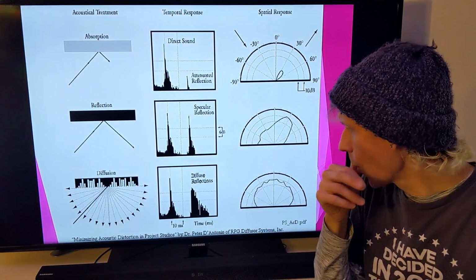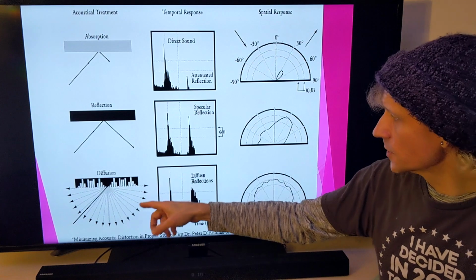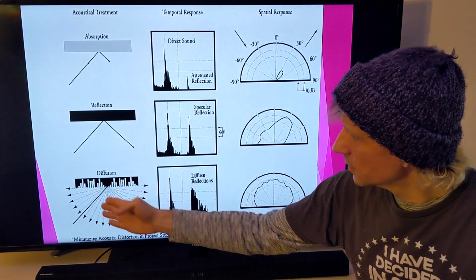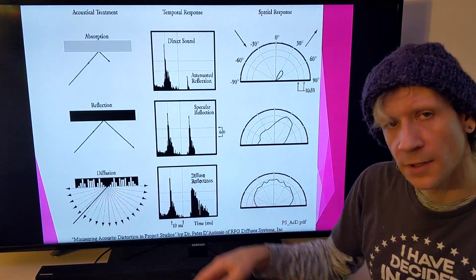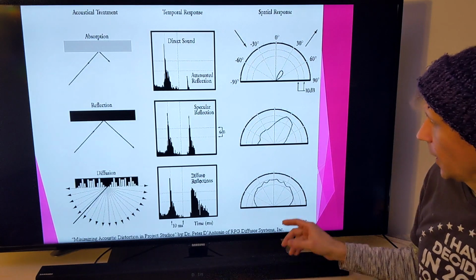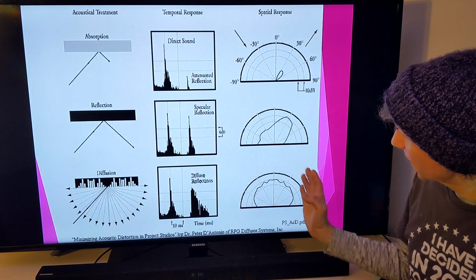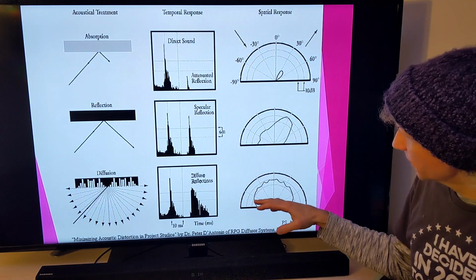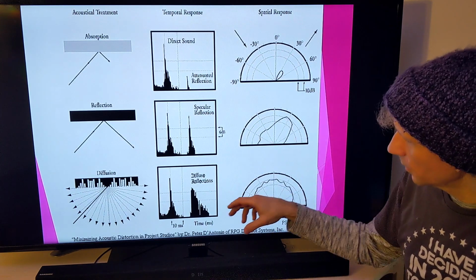And then what we want with diffusion is something that looks like this, where we have this incoming signal and then it's splayed out hemispherically like this. And so we get this nice diffuse breakup of the signal that's very hemispherical.